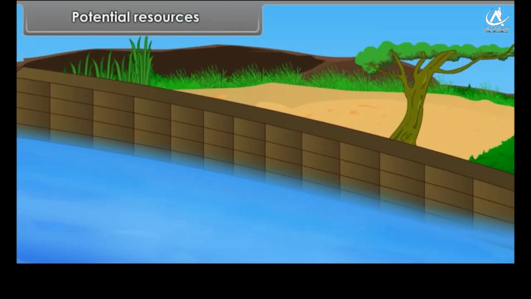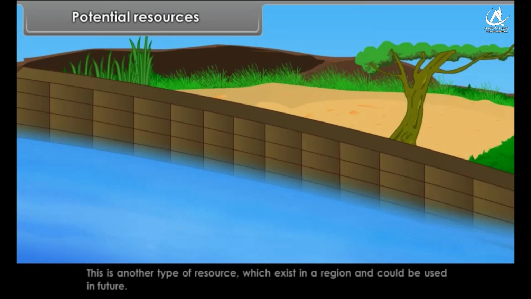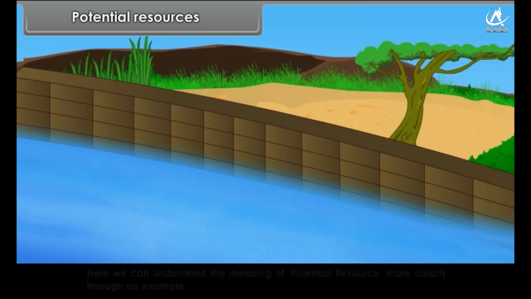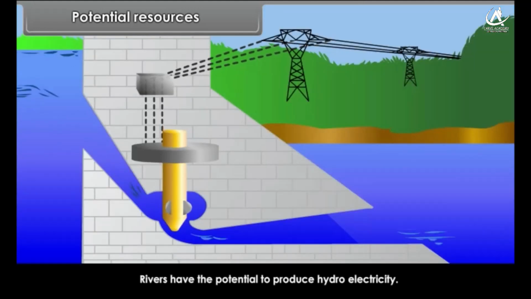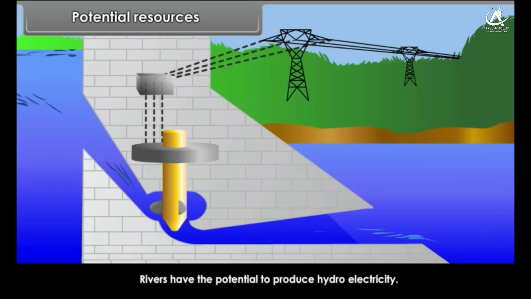Potential resources. This is another type of resource which exists in a region and could be used in future. Here, we can understand the meaning of potential resource more clearly through an example. Rivers have the potential to produce hydroelectricity.